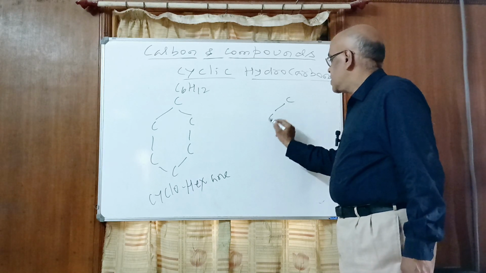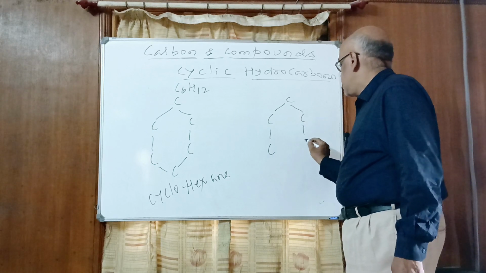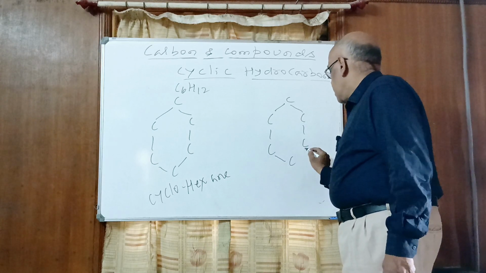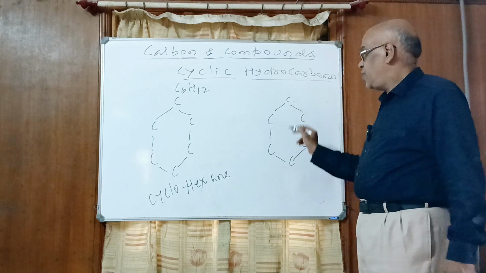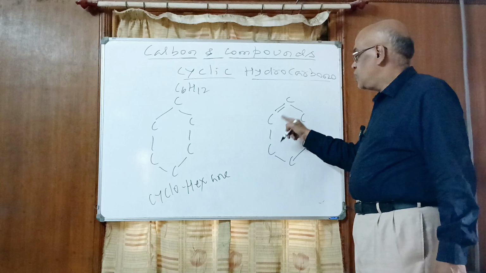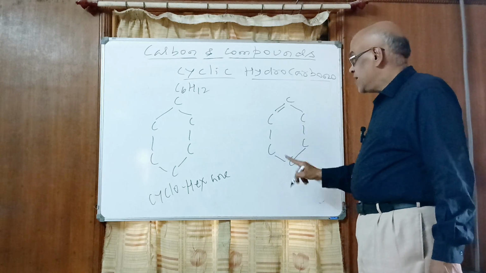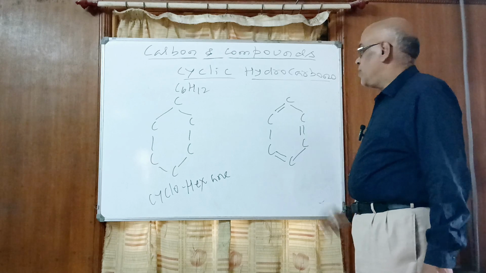Now come to this, children. What is the name of this compound? What is this? You may wonder, sir, you have written the same thing twice. See now, children. Write a double bond here between these 2 carbon atoms. Then next, alternately write a double bond.